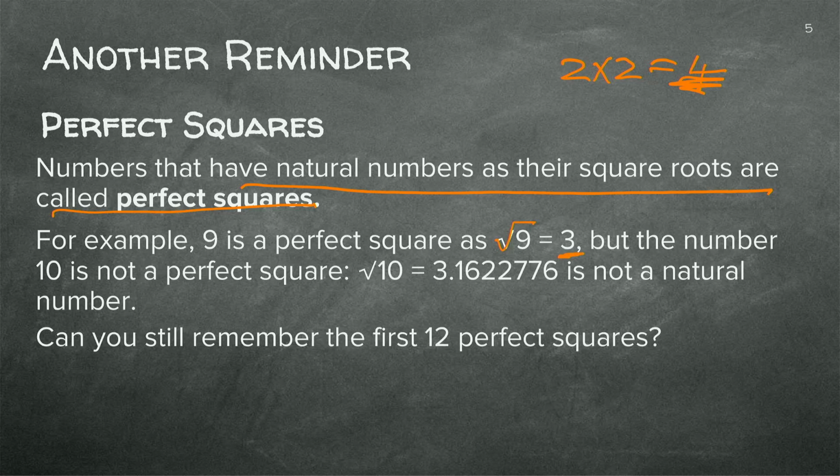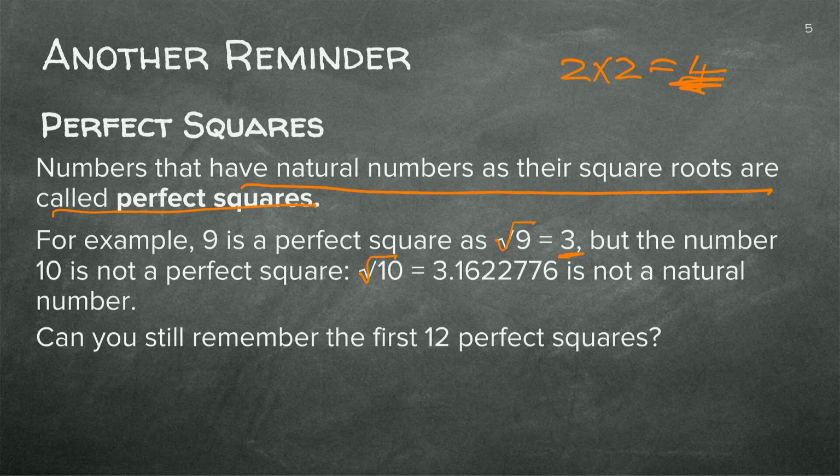But the number 10, is that a perfect square? So if you try and find the root of 10, you're not going to find a perfect square. Why not? Let's see. How do you know that so well?